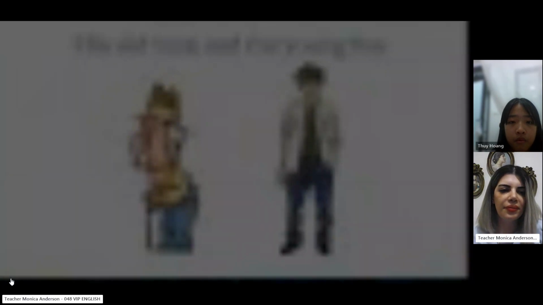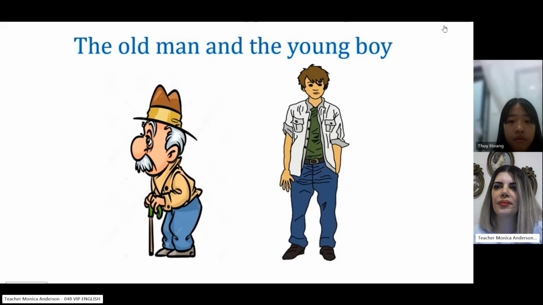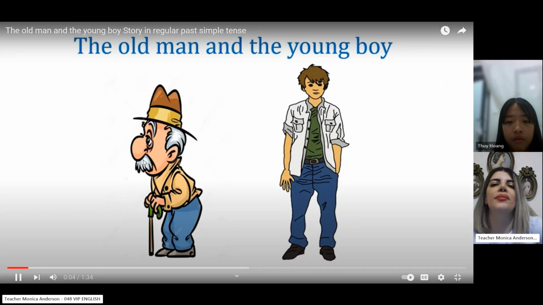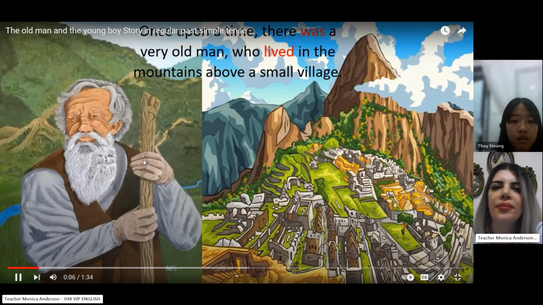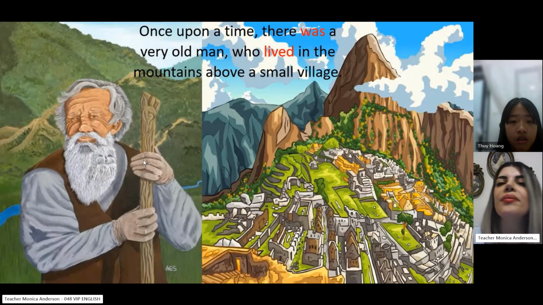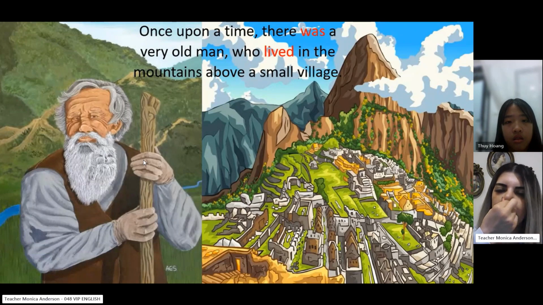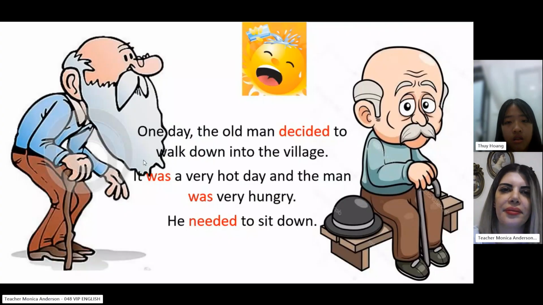The Old Man and the Young Boy. Once upon a time, there was a very old man who lived in the mountains above a small village. One day, the old man decided to walk down into the village.